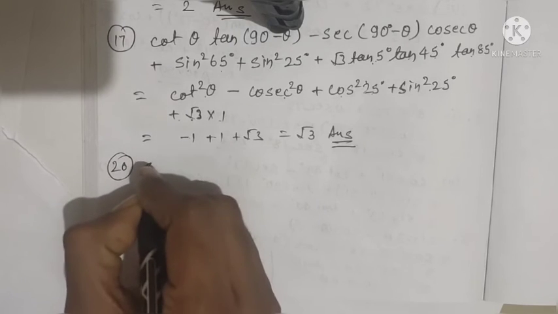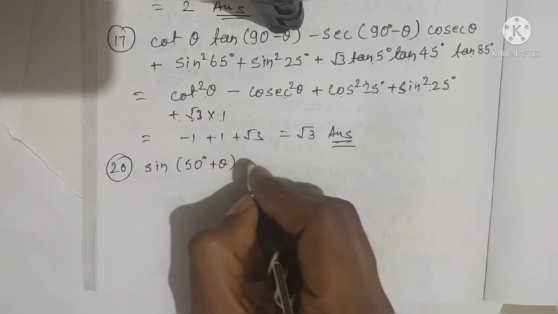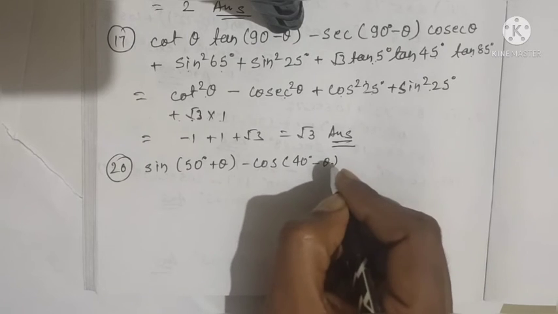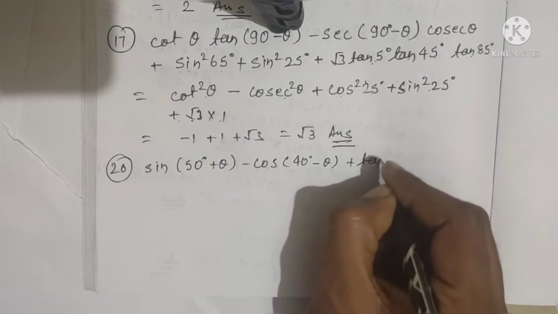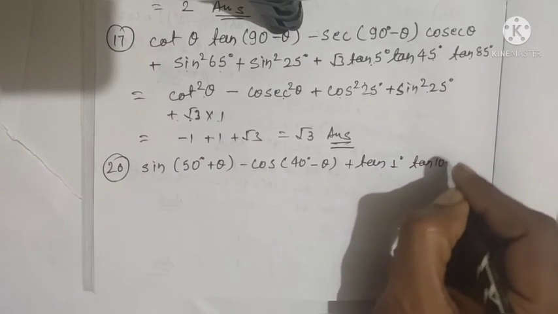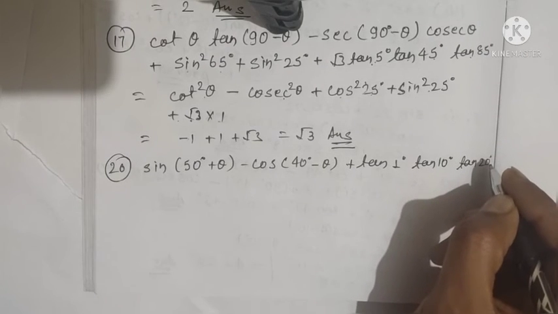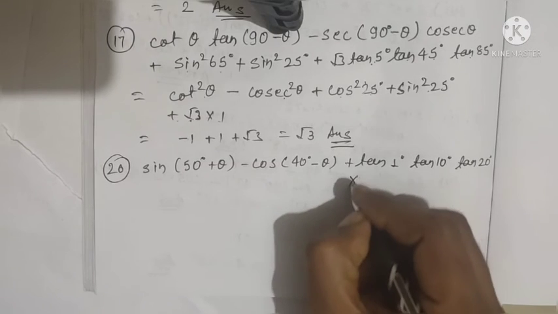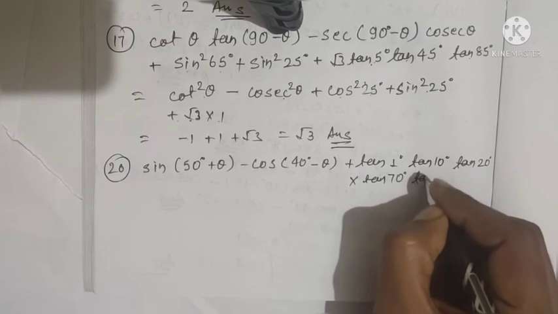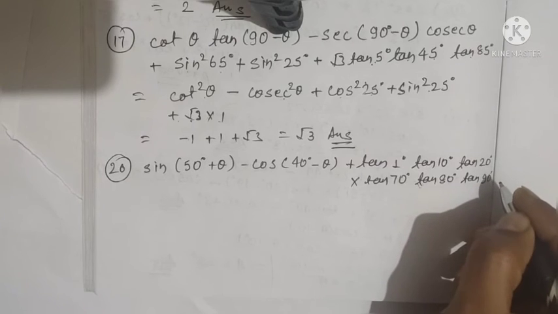Now I am going to solve question number 20, which is our last question. Question number 20 is sin (50 degree plus theta) minus cos (40 degree minus theta) plus tan 1 degree tan 10 degree tan 20 degree, there are too many multiplications, into tan 70 degree, tan 80 degree and tan 89 degree.